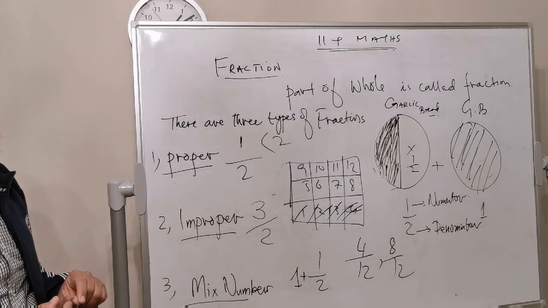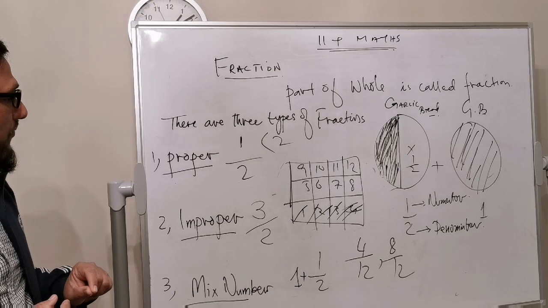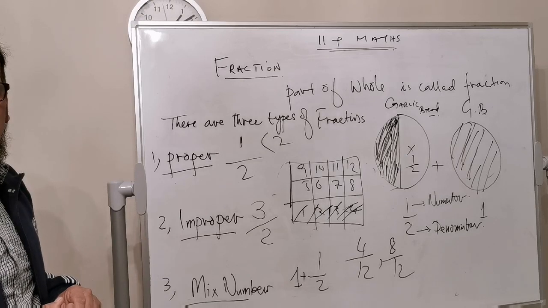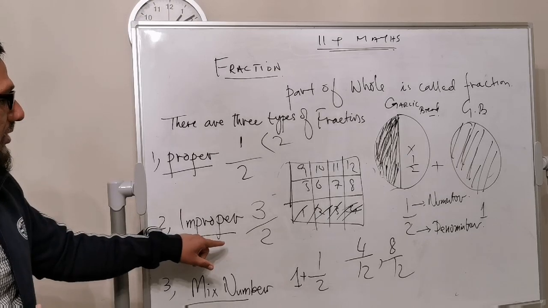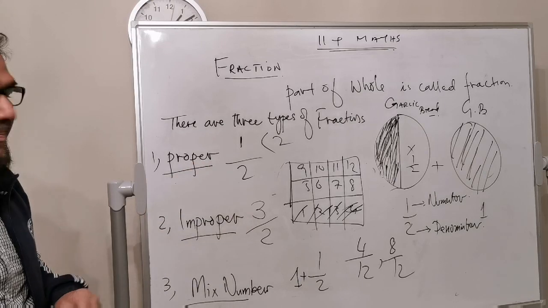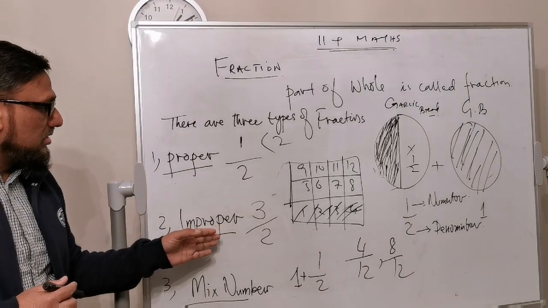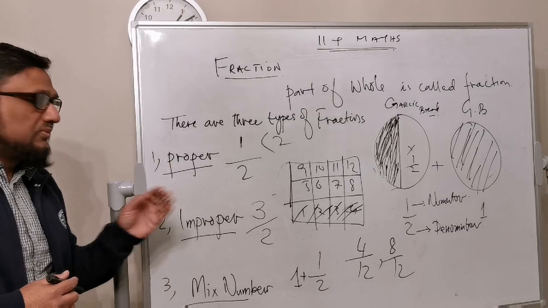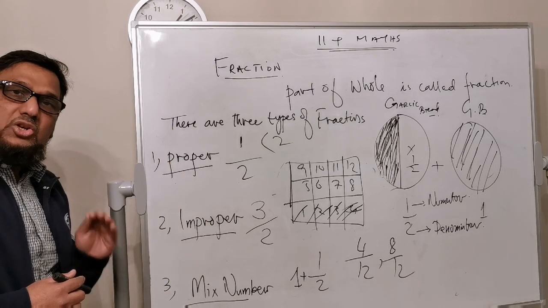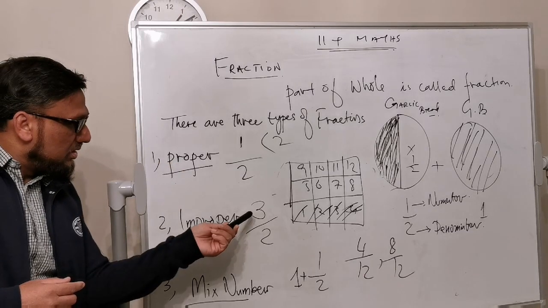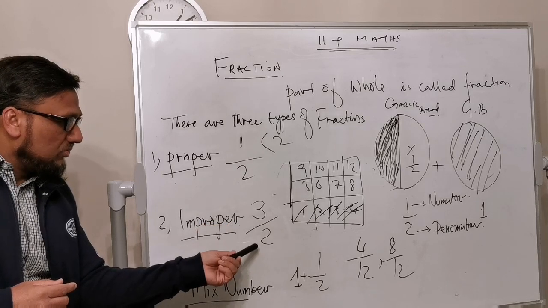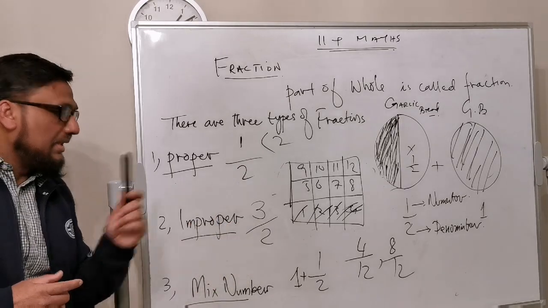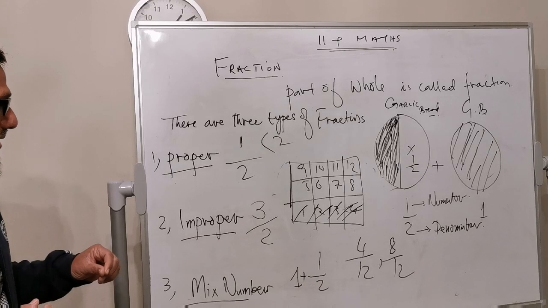The second type of fraction is called an improper fraction. An improper fraction is the opposite of a proper fraction. So it means the denominator value is always lower than the numerator.